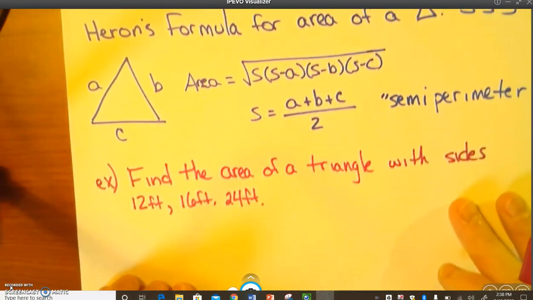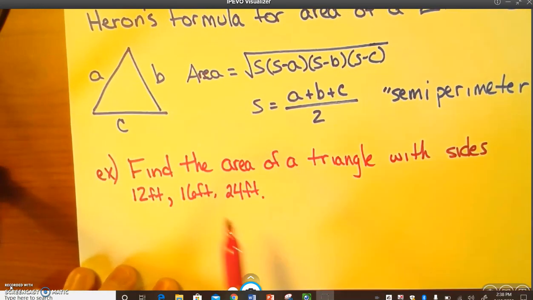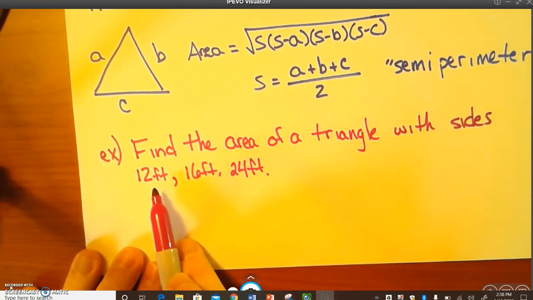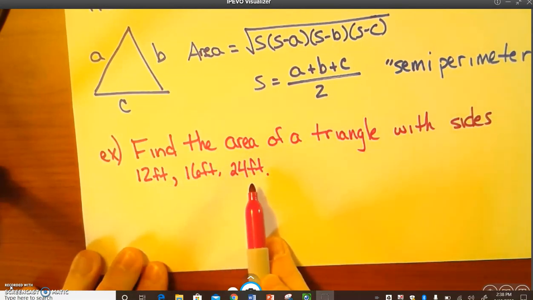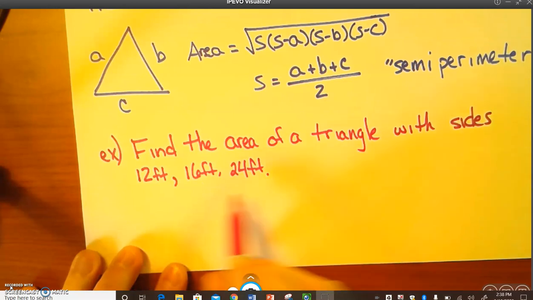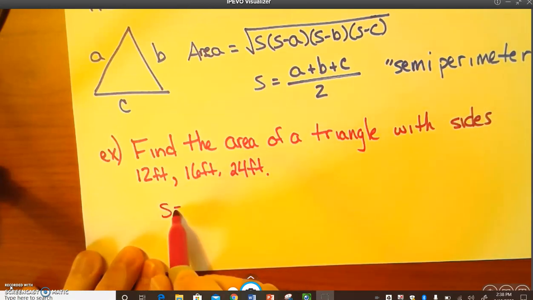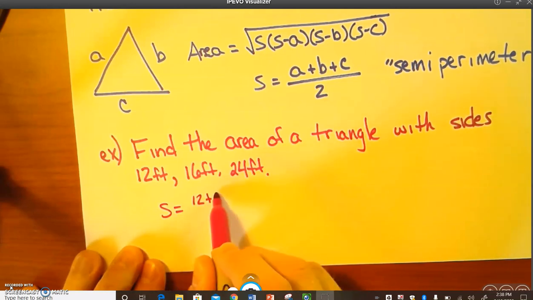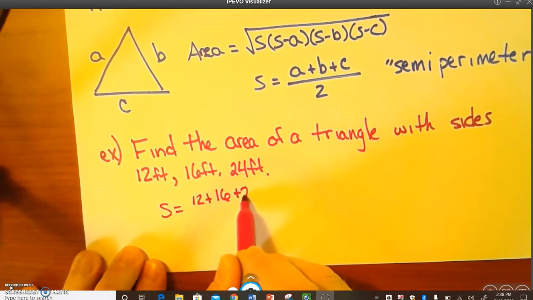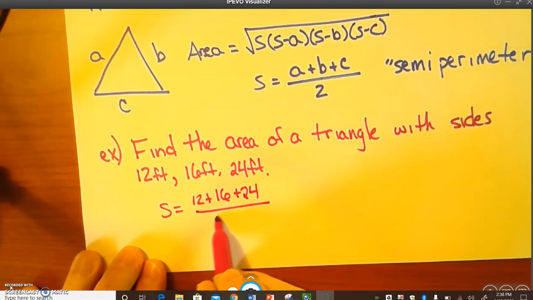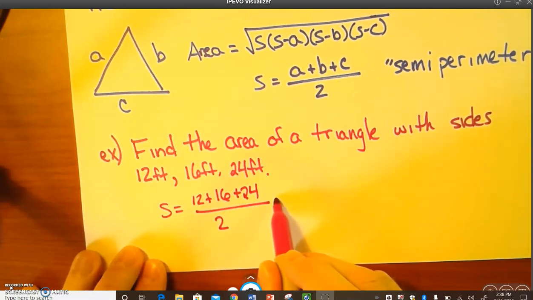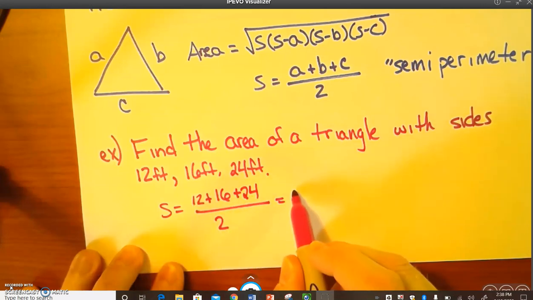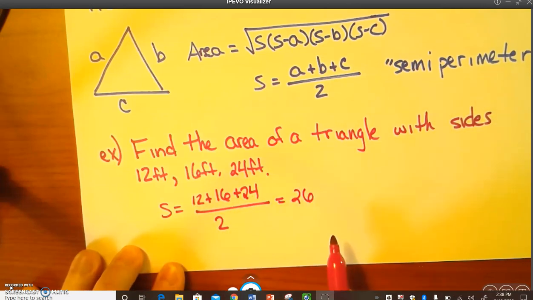So just a quick example. If I want the area of a triangle, and 12, 16, 24 are the three sides, the first thing I'm going to do is figure out my value S. So 12 plus 16 plus 24, all over 2. That's going to give us 52 divided by 2, or 26.